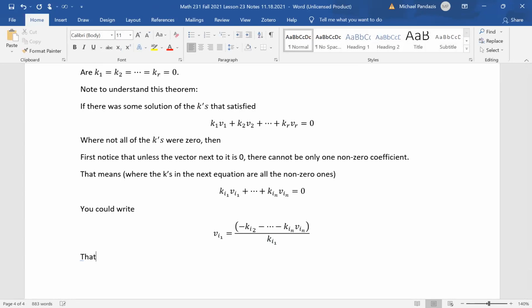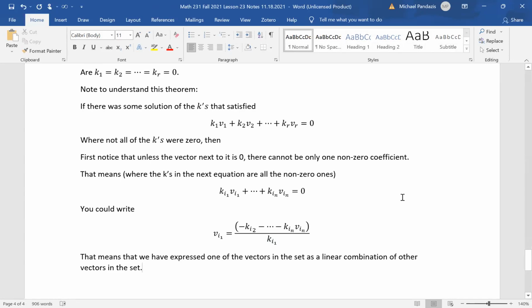And then that means that we have expressed one of the vectors in the set as a linear combination of other vectors in the set. Okay, so once we have it that there is a solution to this where not all the k's are 0, then that means that we can express one of those vectors as a linear combination of the other ones.